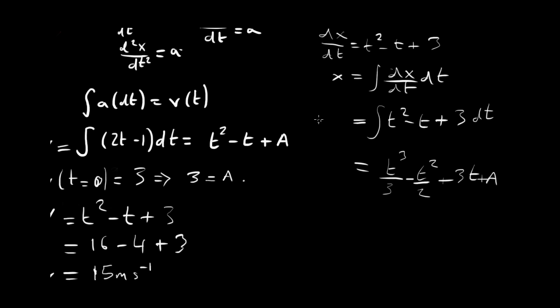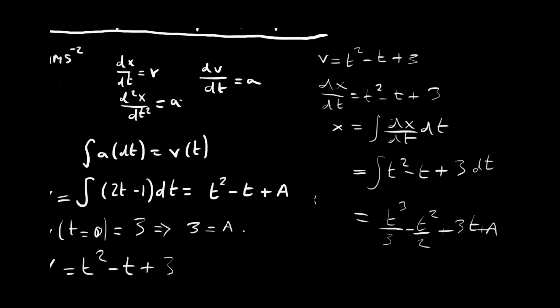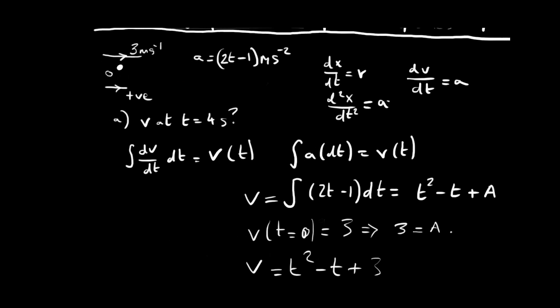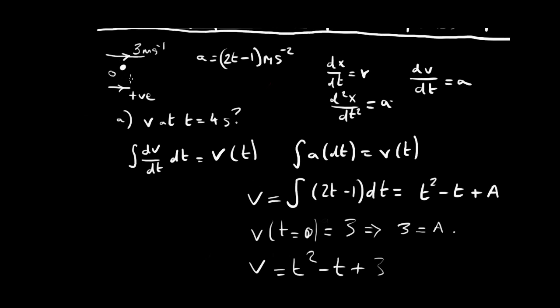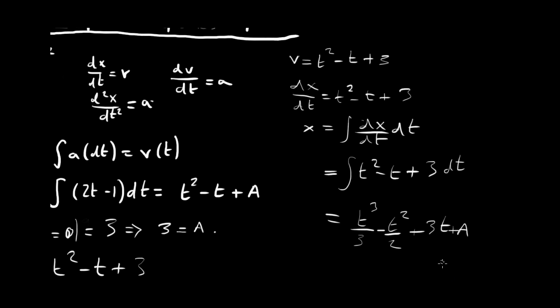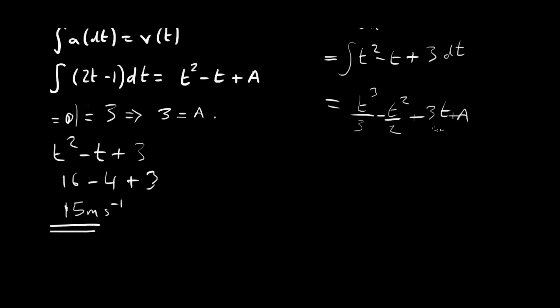But when we look at the displacement at time t equals 0 away from O, the displacement is 0, the distance is 0 from the origin, because that's where we're starting from. So if we put here t equals 0, we should get 0 on the displacement, which is our x value. So this constant, if we put everything equal to 0, equals 0, so this goes away, so we don't need the constant of integration.